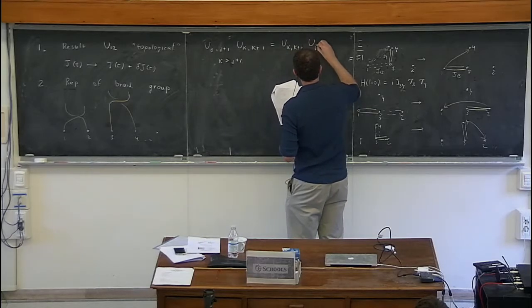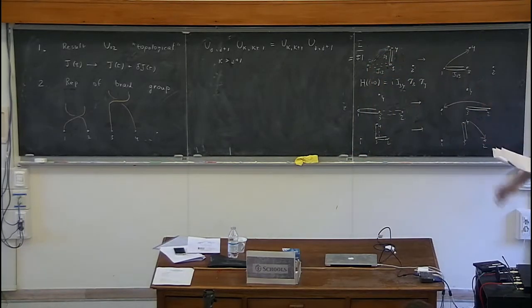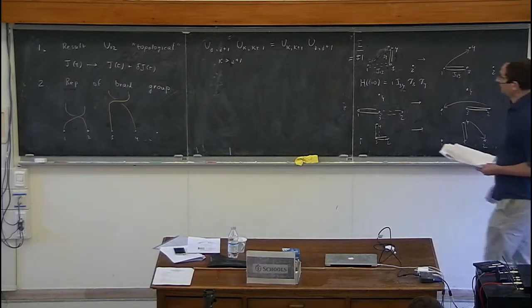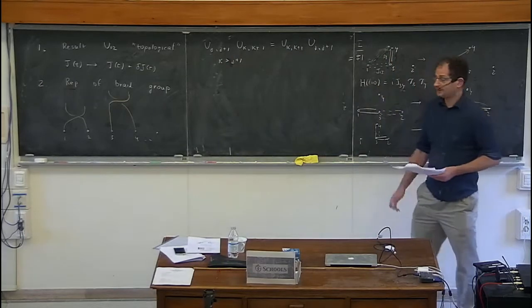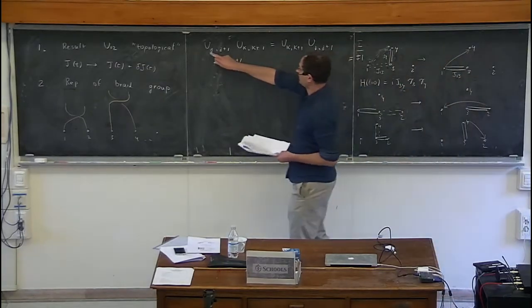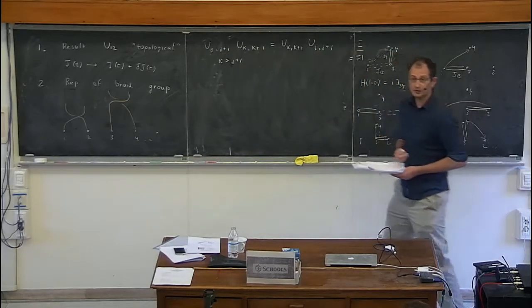This would be trivially satisfied by our braiding matrix e to the pi over 4 gamma j gamma j plus 1, just because the two operators gamma j gamma j plus 1 and gamma k gamma k plus 1 commute.